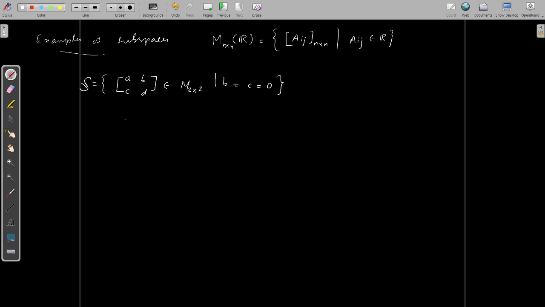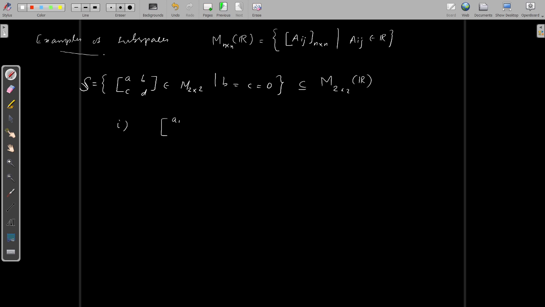Now you can say that this is a subspace, because this is a subset of the vector space M_2(R), the set of all 2 by 2 matrices over R. That's a vector space. In order to verify this is a subspace, we need to verify two closure properties. First one is vector addition.